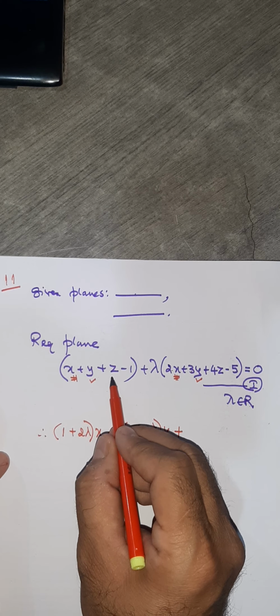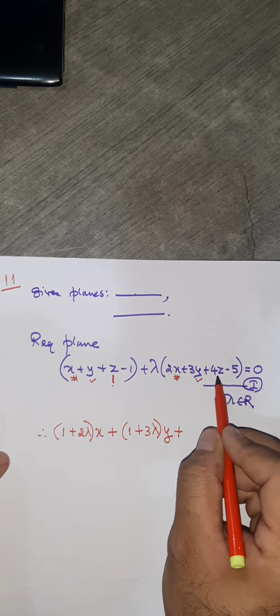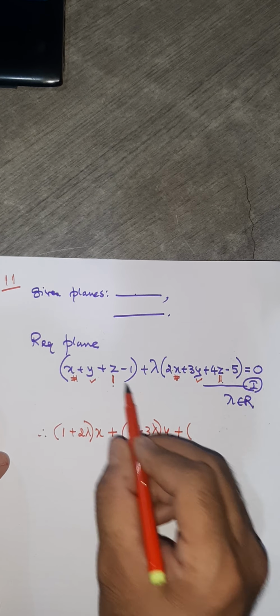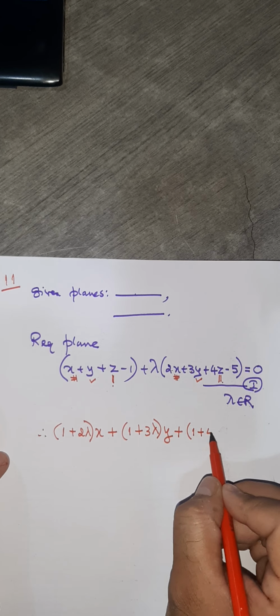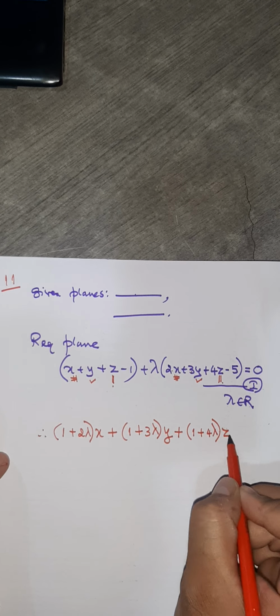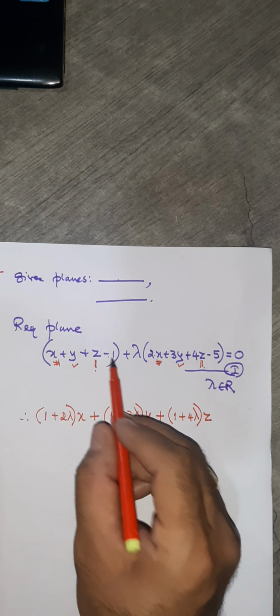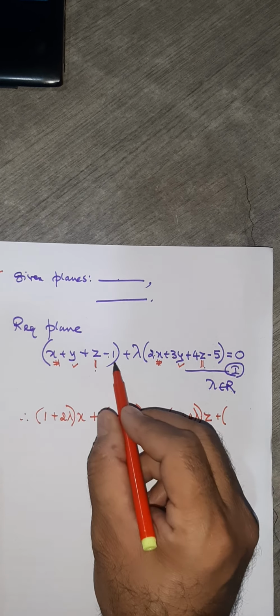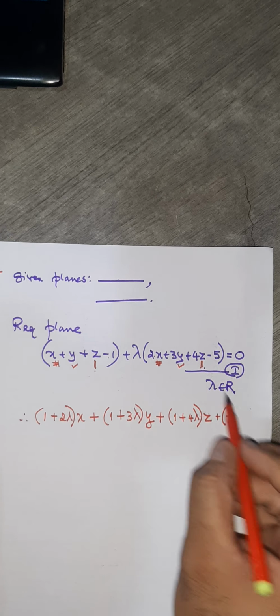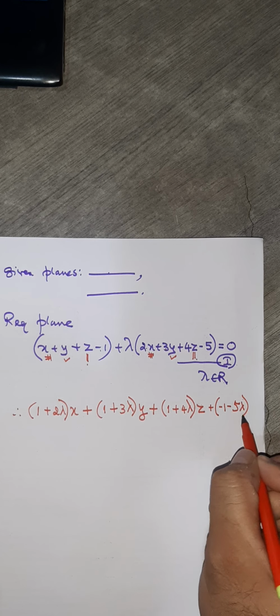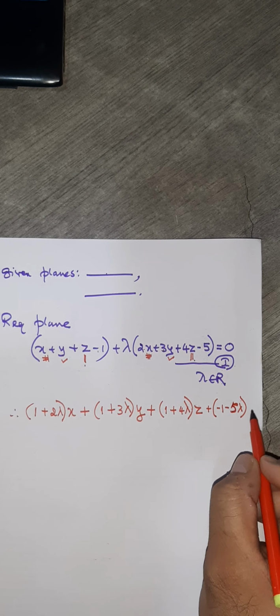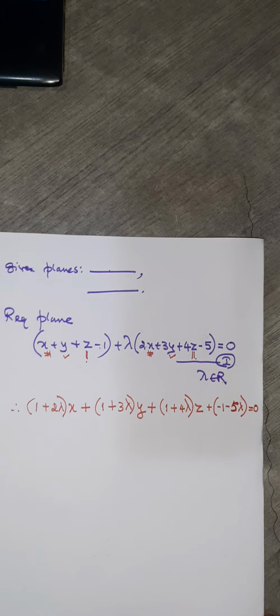Plus z common from these two: this one and this one. So what we'll get here? 1 from here and 4 lambda from here into z. And the constant term: here we have minus 1, and this is nothing but minus 5 lambda, equals to 0.